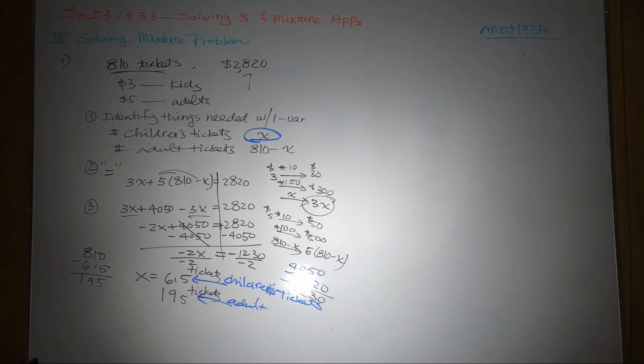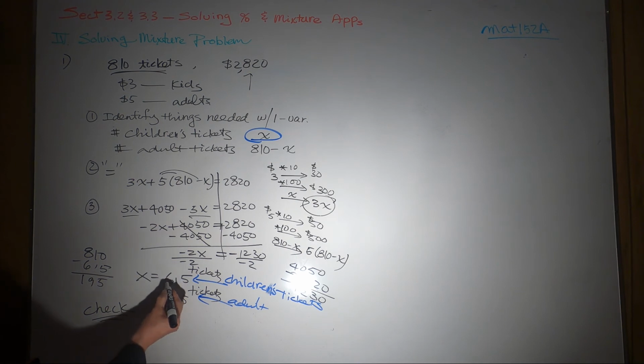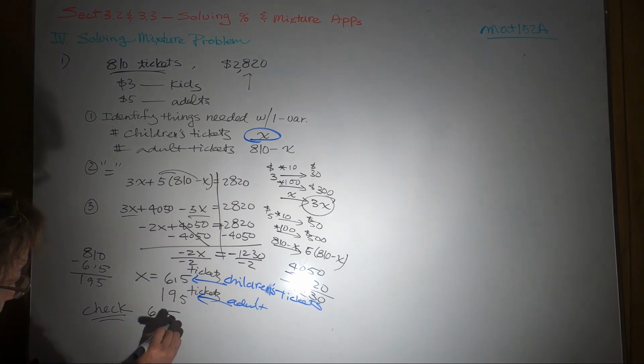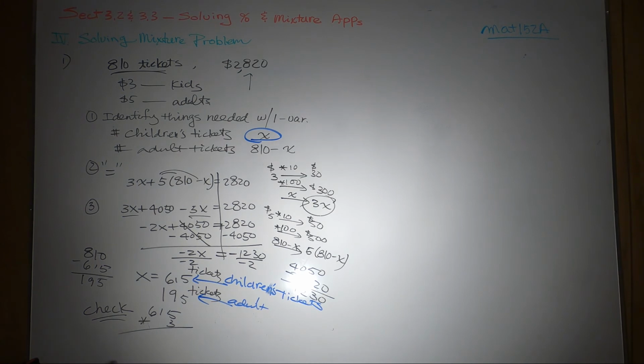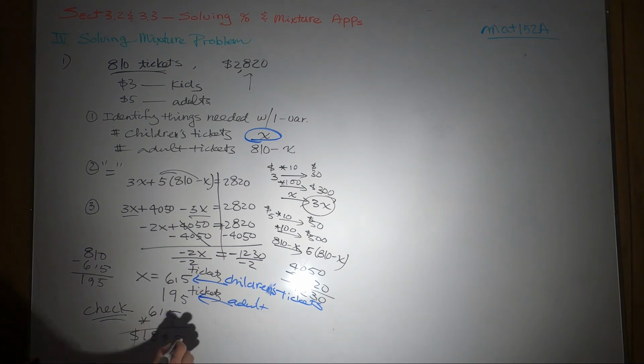How do you know you are doing right? How about we check? How do you check? Because each kid is $3. So you do what? 615 times $3. Total would be what? You will get $1845, right? Then for adult, each one is $5.